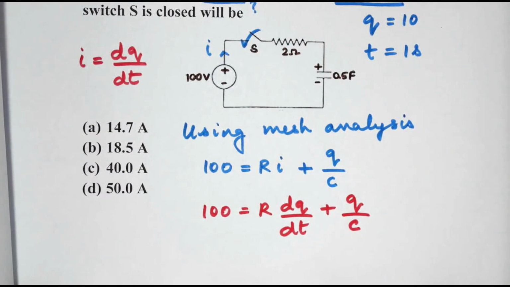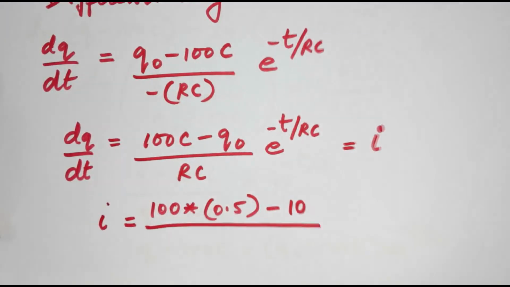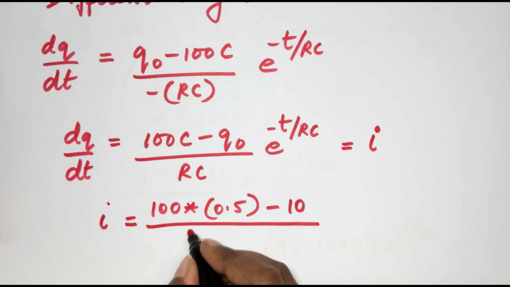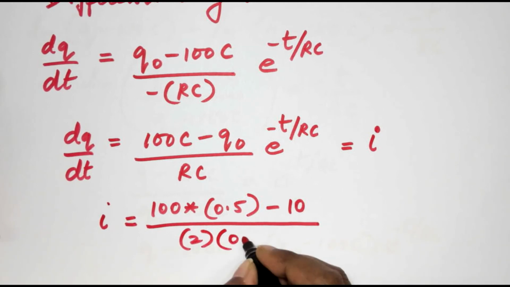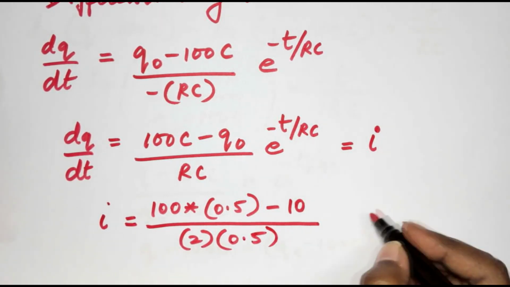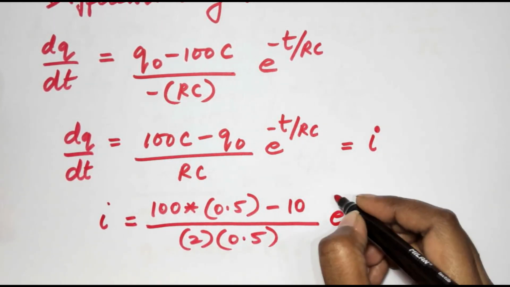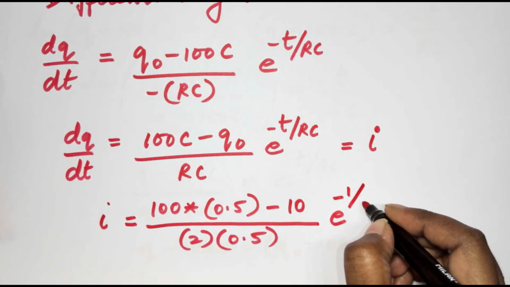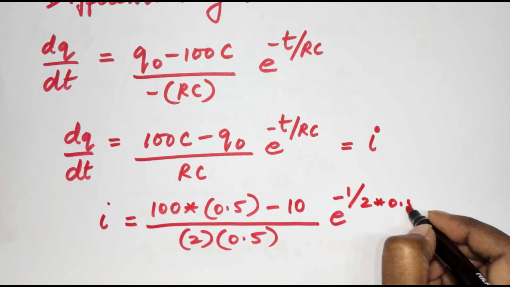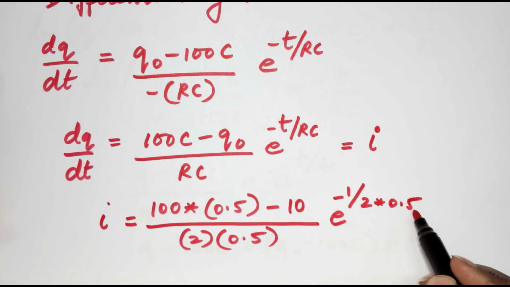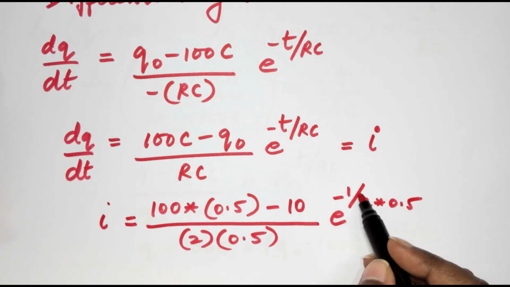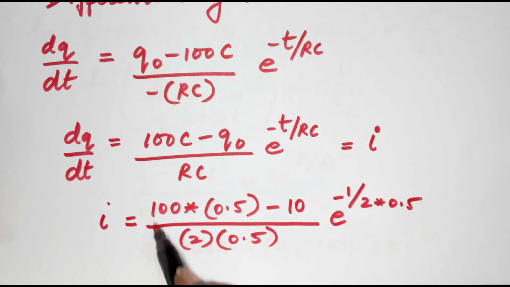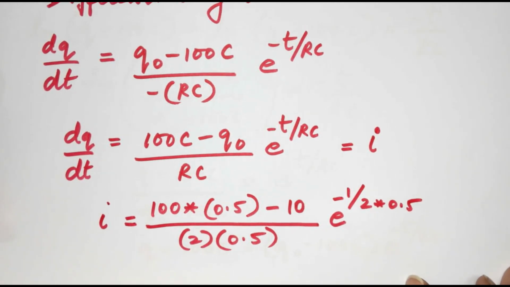R is 2 ohms, so 2 times 0.5. And e to the power of minus 1 divided by 2 times 0.5. Now 2 times 0.5 is 1, which makes it e power minus 1. Solving this entire portion, you will get the value of I.